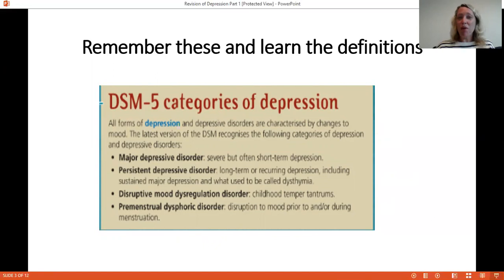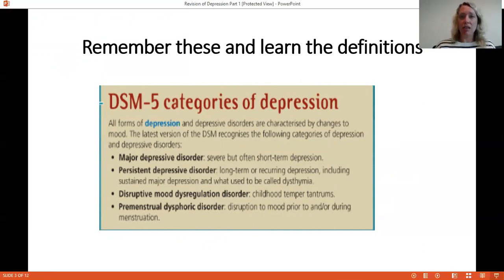Obviously, you need to know both ways around, so you need to know what the term is and what therefore that term means, but you also need to be able to, if faced with a description of depression, assign the right term and the right type of depression to the description that you've got.